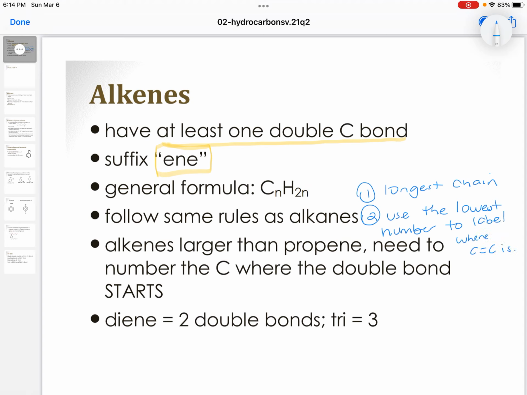Okay, so just like we did when we added stuff to the chain that only had single bonds. And as we did before, you could have 2 double bonds, which then you would use di for, and tri would be 3. But again, the numbering is more important here so that we can say where on the parent chain the double bonds are.